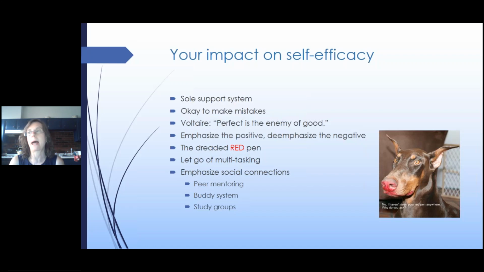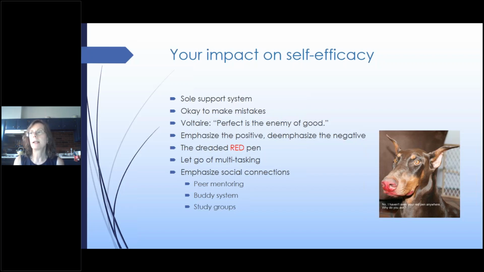Probably for all of my math classes, when I graded something that they did, I would put a C next to those problems that they got right, and I left nothing with the problems that they got wrong.